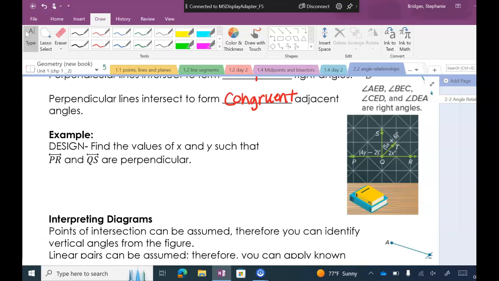We should all be solving this equation on our paper if we have not already. I've got it written on the board. 4y minus 2 equals 90, based off of knowing that those lines are perpendicular.